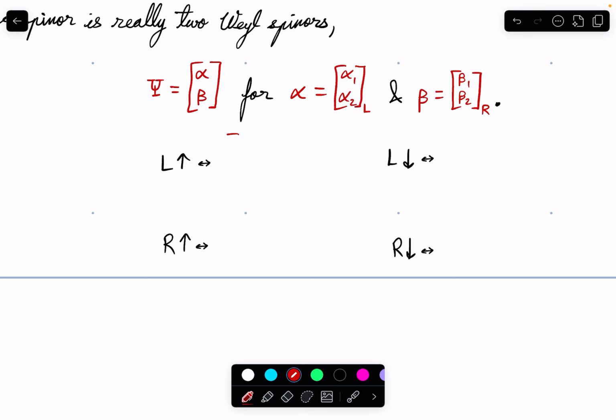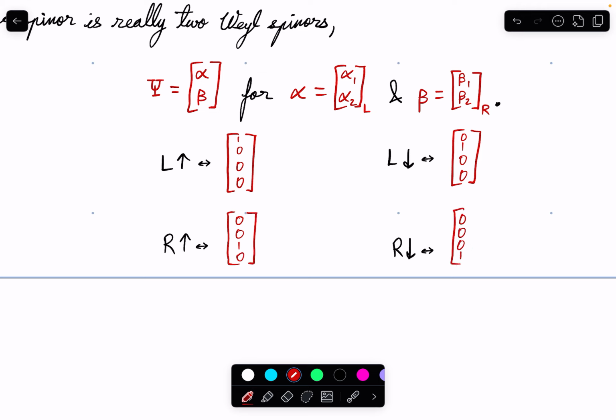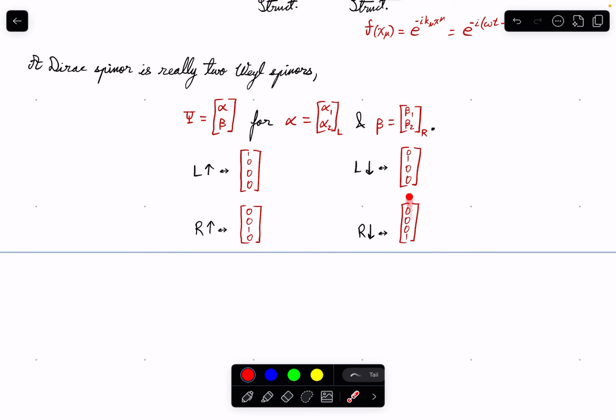And this is the Dirac spinor. So 1, 0, 0, 0. Then for spin down, 0, 1, 0, 0. 0, 0, 1, 0. And 0, 0, 0, 1.